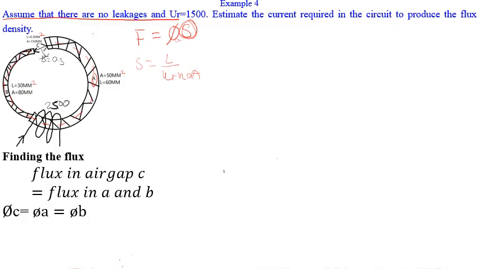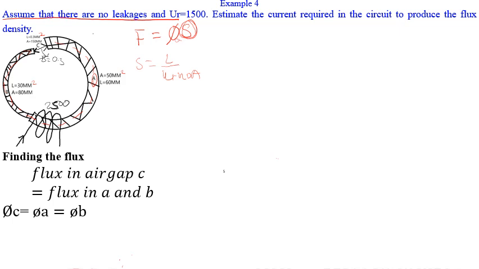Considering A, the area was 50 millimeter squared and the length was 60 millimeters. So we multiply and divide, and we get our answer.